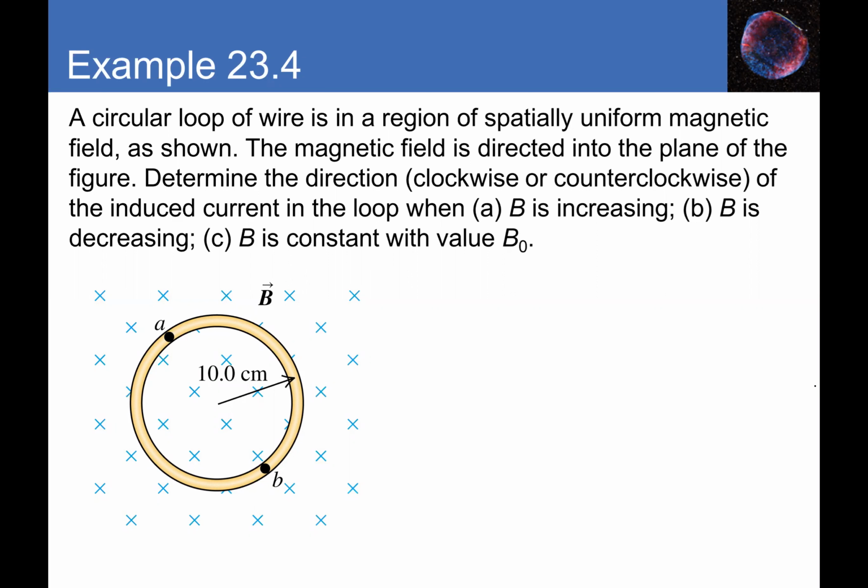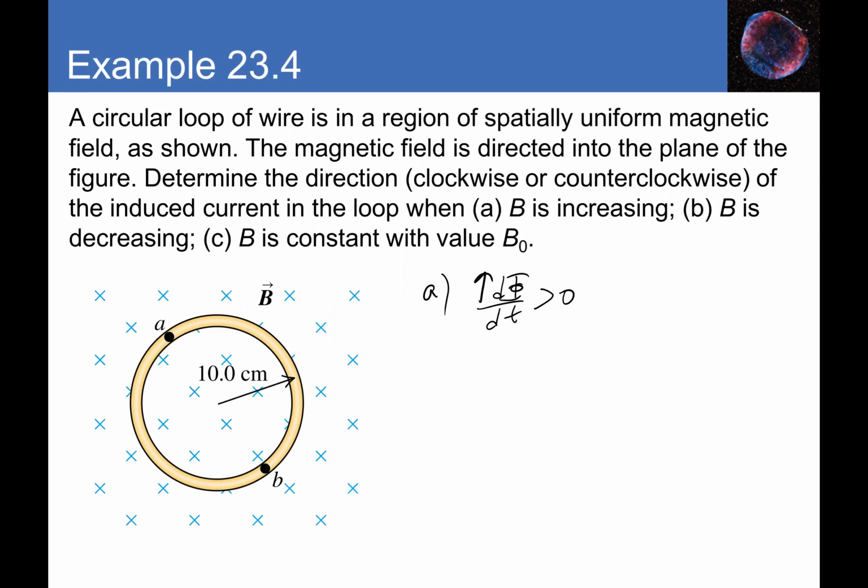All right, so let's do this. Again, we don't have to calculate anything for this, it's all conceptual. Think like this: into the page magnetic field, and it's increasing. That means the loop for part A has increasing flux, right? So it has a change in flux that is increasing.